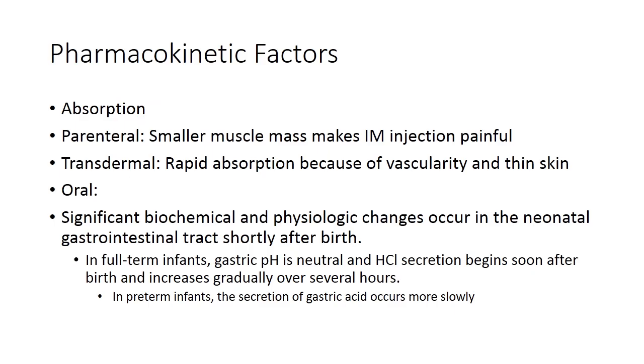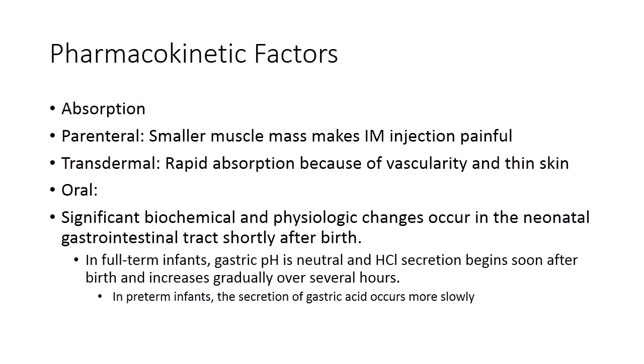Now, pharmacokinetic factors include changes in the absorption, distribution, metabolism, and excretion. Drug absorption: when a drug is given parenterally, because of smaller muscle mass, local intramuscular injection can be painful.